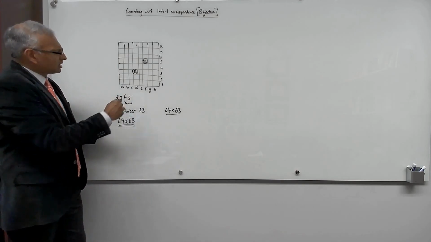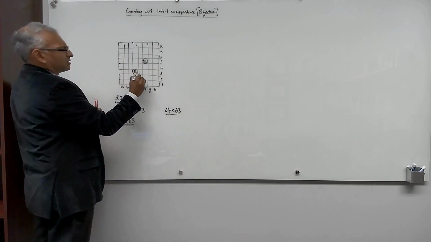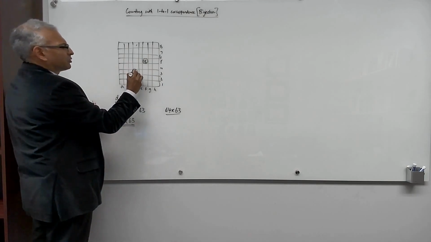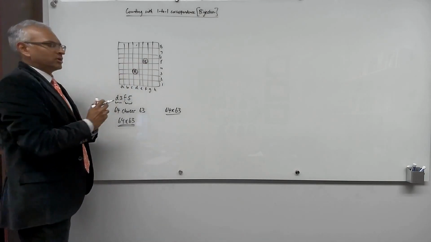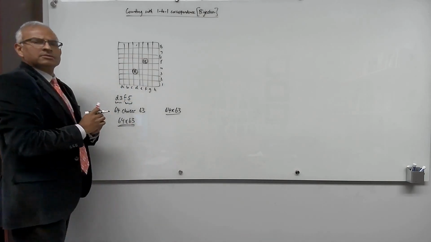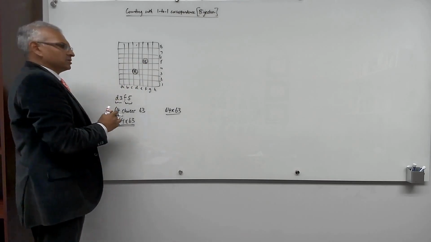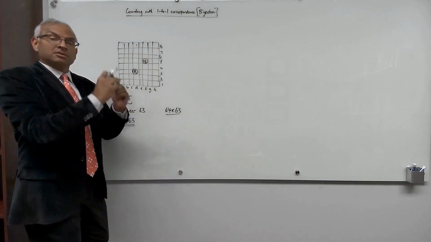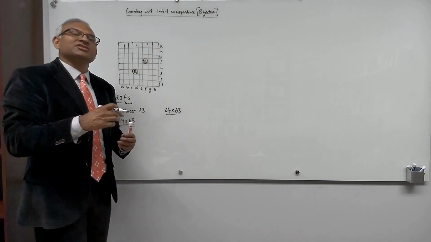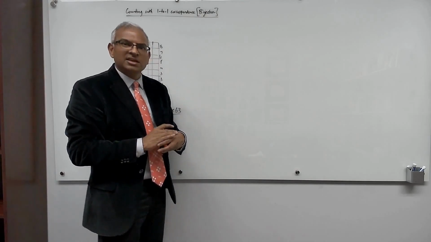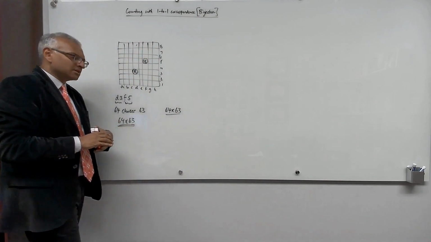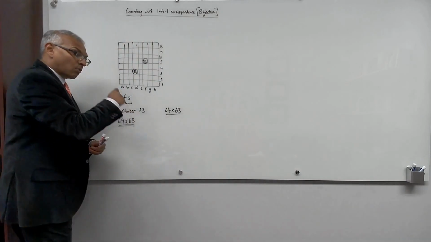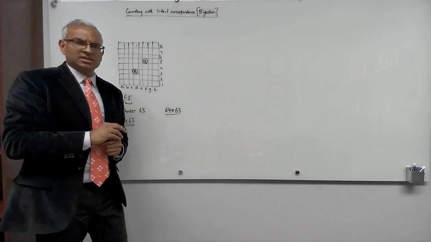Because in the king-queen case, the king here and the queen here is a different position from the queen here and the king here, whereas in the rook-rook case, when you flip the positions of these two rooks, it's the same position. So there are twice as many king-queen positions as rook-rook positions. That's multiplicity in counting, and when you establish correspondences, you must make sure there's a one-to-one correspondence. Read about it in the chapter.